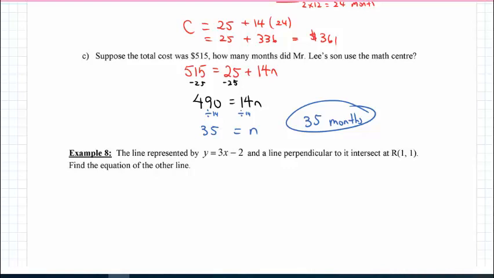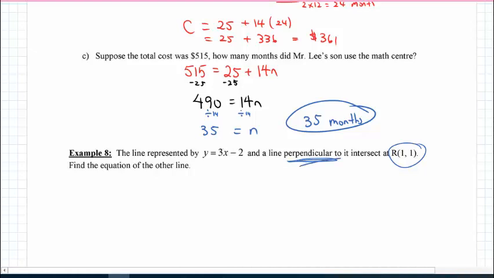So the line represented by y equals 3x minus 2 and a line perpendicular to it intersects at the point 1, 1. Find the equation of the other line. It says a line perpendicular to it.